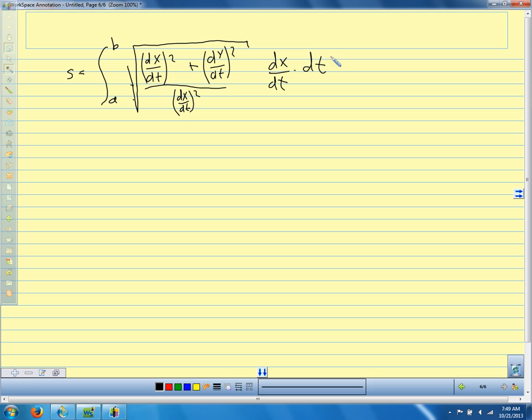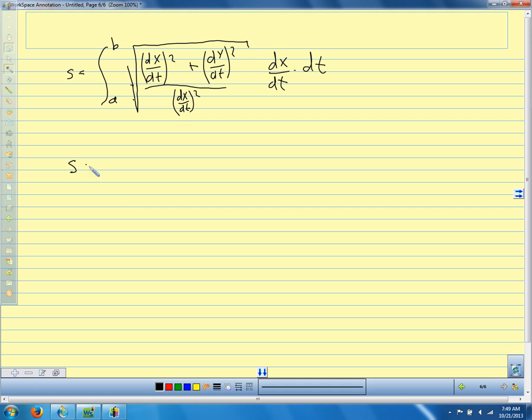All right, does anybody see what we can do here now? We can't go term by term here, but we have this dx dt squared in the denominator. I take the square root of that, and I have what left in the denominator? Dx dt. And out here I have a dx dt in the numerator, so those cancel.